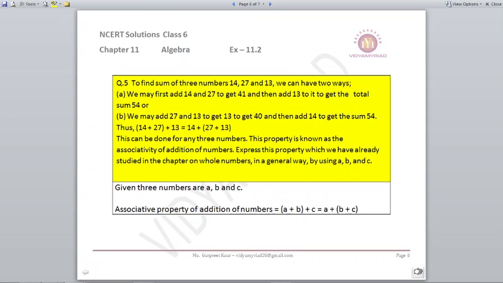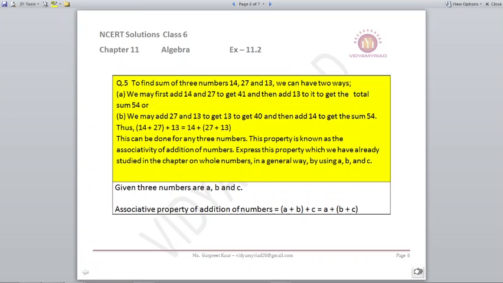Now let the numbers 14, 27 and 13 be A, B and C. If I want to write the formula of the associative property, I can write it as, in the first bracket A plus B, and then plus C, which is equal to A plus the second group B plus C. So I need to put the brackets to show the arrangement of my numbers.